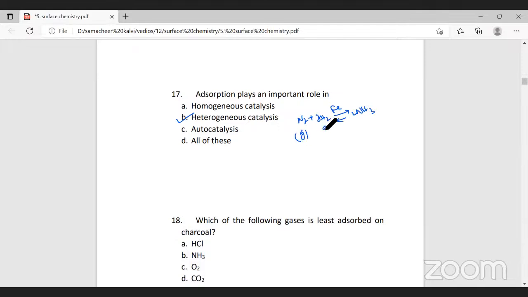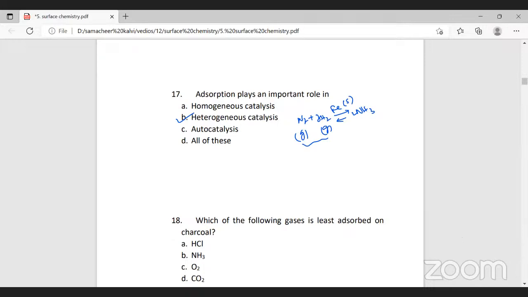Nitrogen is a gas, hydrogen is a gas, iron is a solid. When the reactant and the catalyst are in different physical states, then we call that as heterogeneous catalysis. Here, nitrogen and hydrogen both are in gaseous state, iron is in solid state. Therefore, this is an example for heterogeneous catalysis.